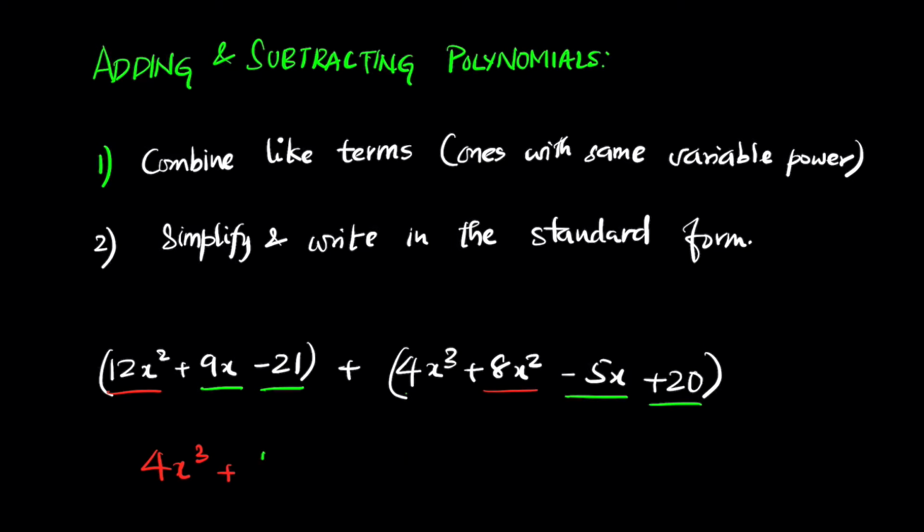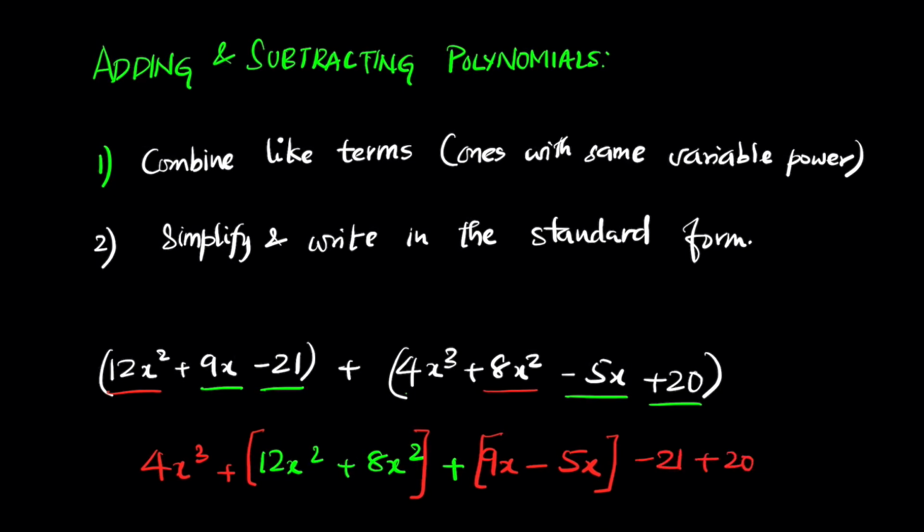First you have 12x square plus 8x square, plus next you have 9x minus 5x. So this is the like part. Minus 21 plus 20. So this is the other like part.